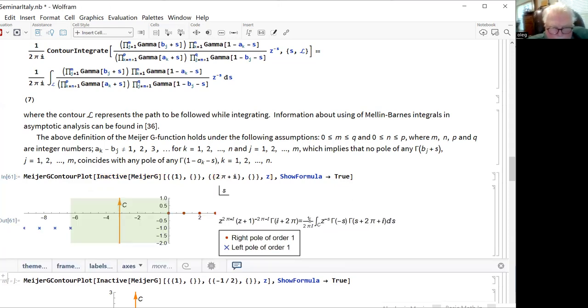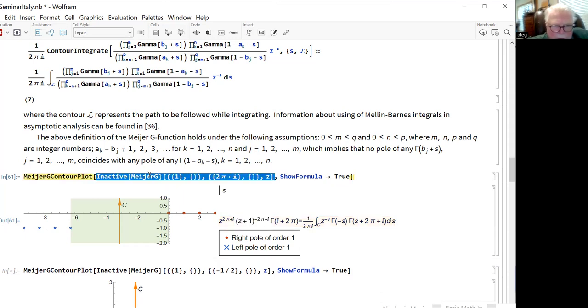And here you see that the function actually is z plus 1 in such a power, multiplied by this, represented through gamma functions. You see only two gamma functions. And it is a case of the Meijer G function, of this Meijer G function.